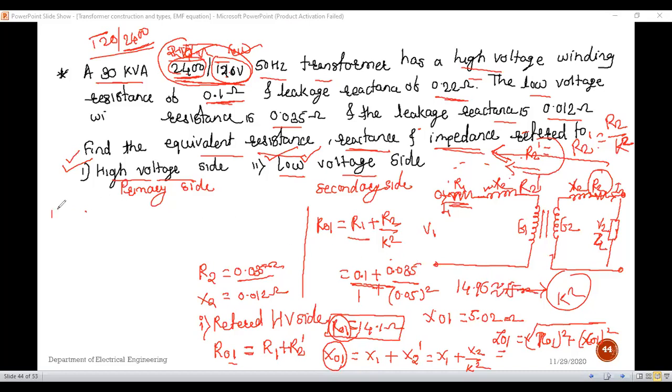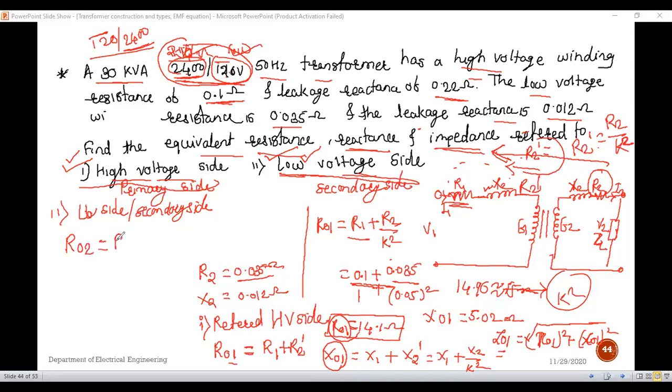See, the second one. The first was when referring to the high voltage side. The second question is when it is referred to the low voltage side, that is, the secondary side, LV side, or we can call it the secondary side. When referring to the secondary side, we are calculating the equivalent resistance at the secondary side.